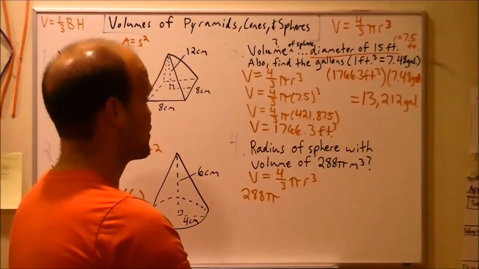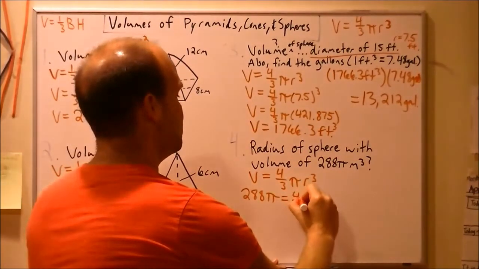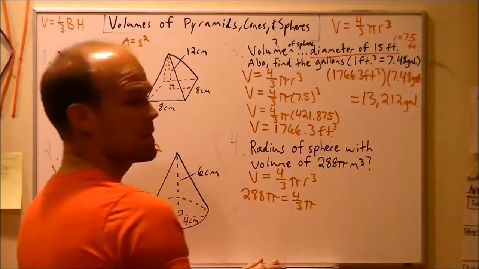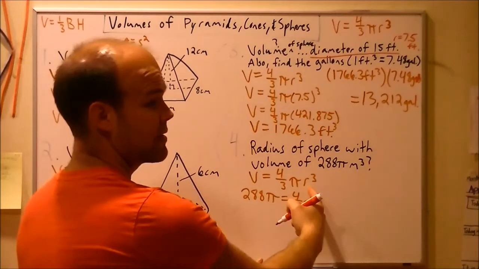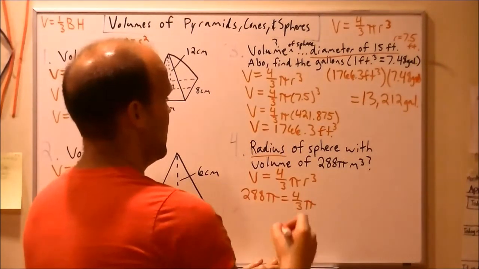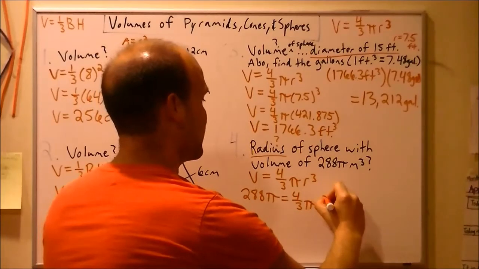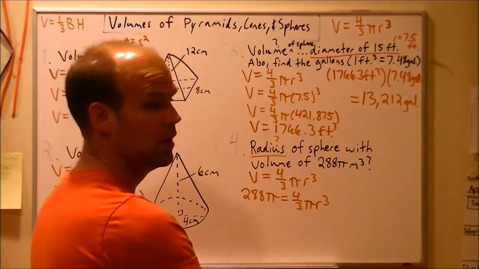Don't forget about that. That's really important. Equals 4/3 times pi. Do we know the radius? No. That's what we're trying to find. Okay? And since that's what we're trying to find, we leave r, but don't forget to leave the cubed exponent that's attached to it.